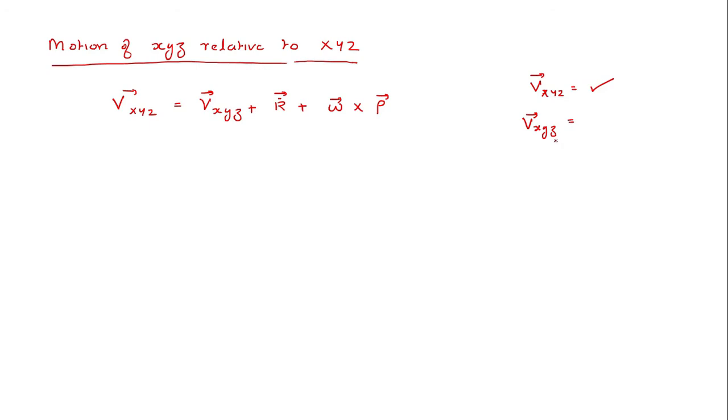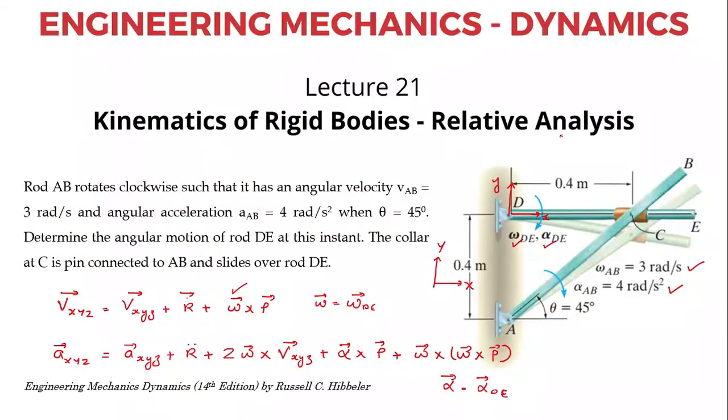now you see in the figure here, the collar C with respect to the secondary reference frame small xy or with respect to point D. Suppose that magnitude is V small xyz.